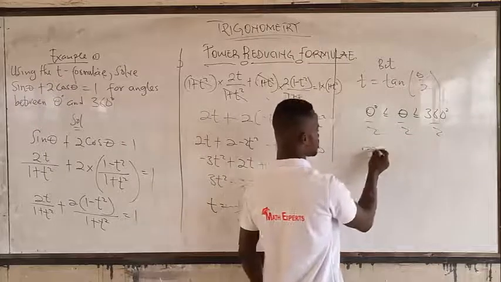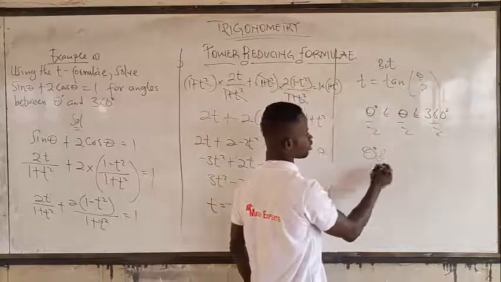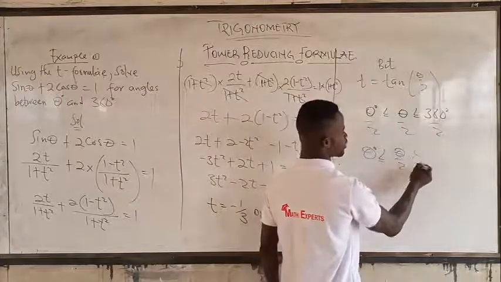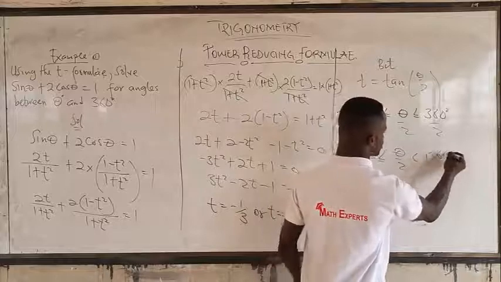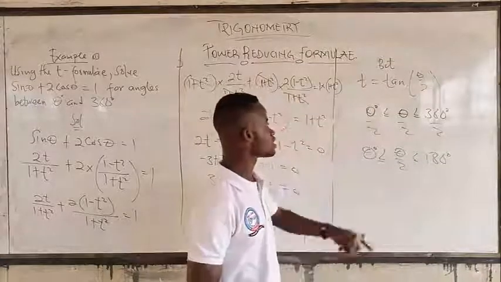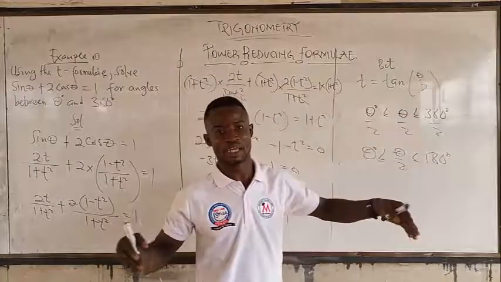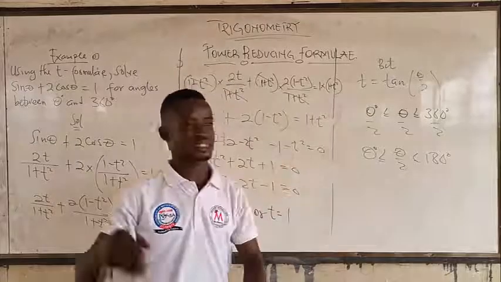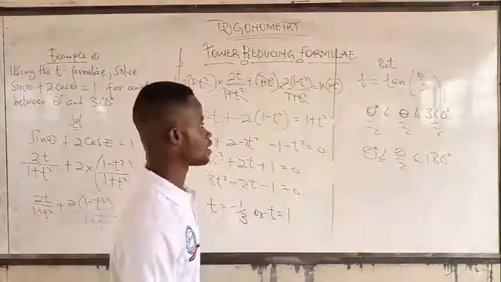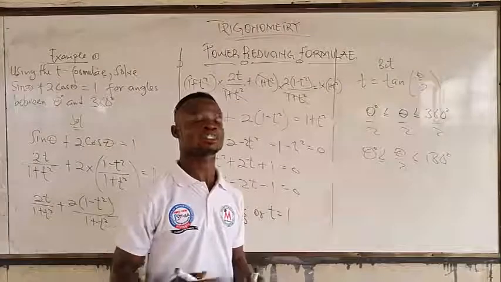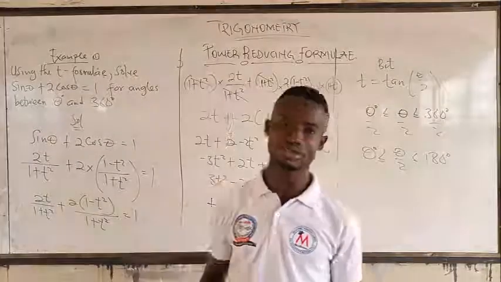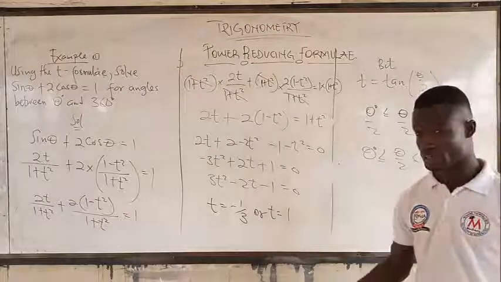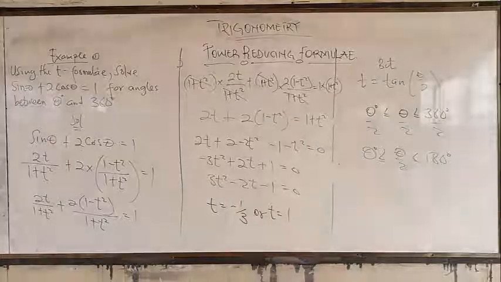When you divide all by 2, you are going to get 0 degrees less than or equal to theta over 2 less than or equal to 180. So for half angle, we are working within an interval of 0 degrees to 180 degrees, but for just theta, it will be 0 degrees to 360 degrees. I hope it's clear. All right.